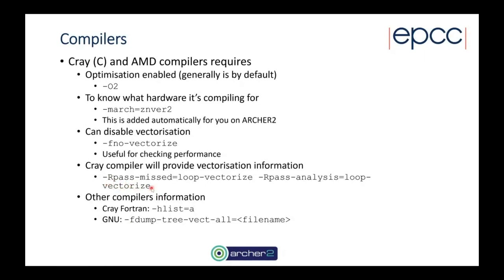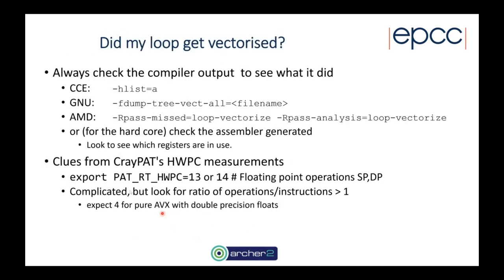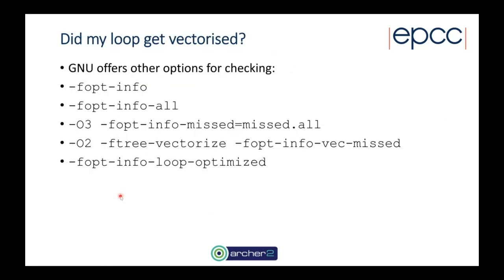So for the Cray C compiler, you've got this -Rpass=loop-vectorize -Rpass-analysis=loop-vectorize, and that will, when you compile, generate a lot of information for you. For Cray Fortran, it's -hlist=all, and for GNU, it's -fdump-tree-vect-all= with a file name, and that will give you these kind of things. For the AMD, yes, okay, so this is exactly the same thing being said here. And we can also look in the CrayPat hardware stuff for these counters if we wanted to.